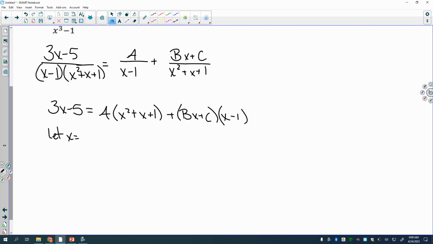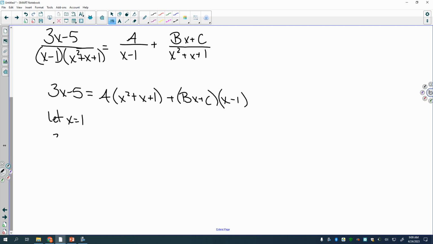So I can let x equal 1, and I can plug some stuff in, and I get 3 times 1 minus 5. On this side, I get A times 1 plus 1 plus 1. And then this part over here does become 0.